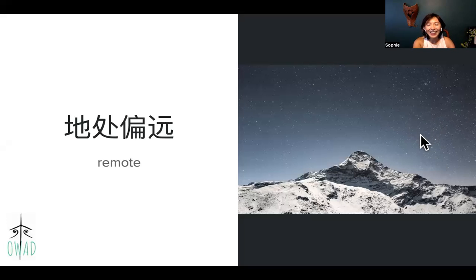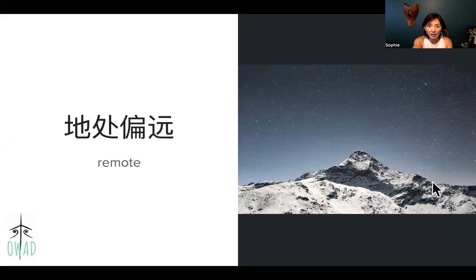And this is somewhere on Earth, but it probably looks remote enough. No human living trace here, but somebody took a picture over here. Apparently somebody was here to take that picture. But this is to show the sense of 地处偏远, probably will mean this. This is to the extreme, right?